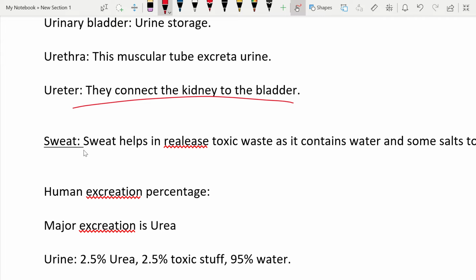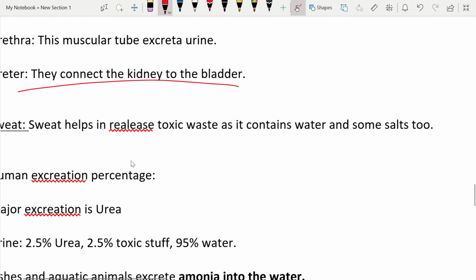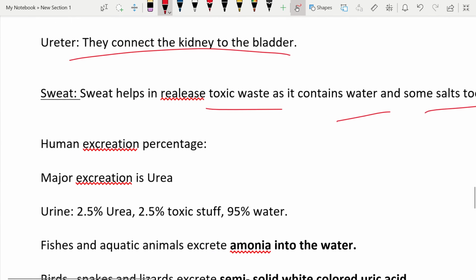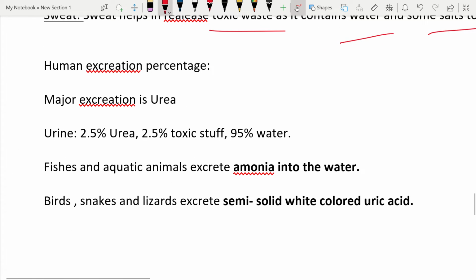Sweat. Now our sweat helps in release of toxic waste as it contains water and some salts too. Human excretion percentage. Major excretion is urea. In urine, there is 2.5% urea.